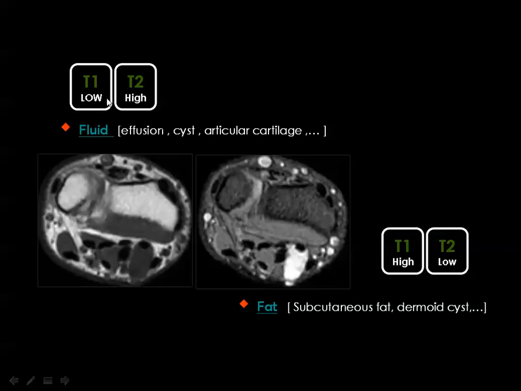Fluid will show low signal in the T1 and high signal in the T2 weighted images. This is an example of fluid which is black in this T1 and bright in the T2. The fat will be opposite the fluid. The fat will be bright in the T1 and dark in the T2 weighted images, as you can see for the bone marrow fat or the subcutaneous and intramuscular fat planes.